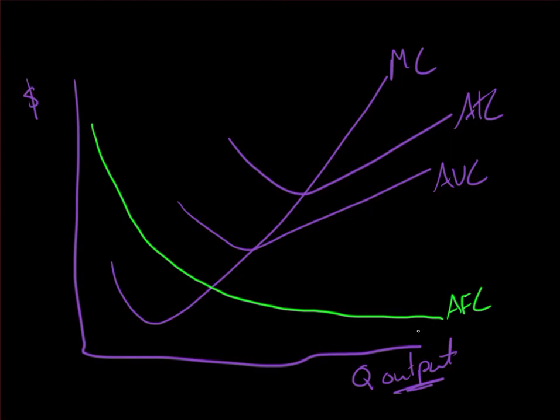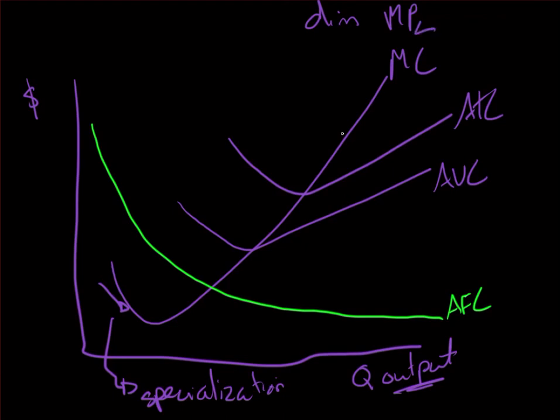Okay. So these are the different cost curves, and we will see that this first portion where it goes down, this downward portion, is due to specialization once again. And why the costs start creeping up the more output I want to produce, this portion over here is due to diminishing marginal product of labor.